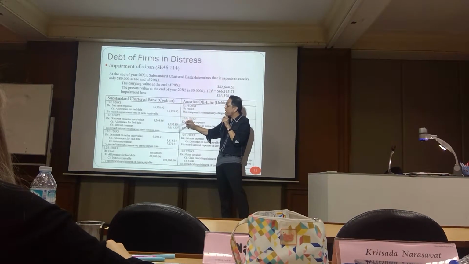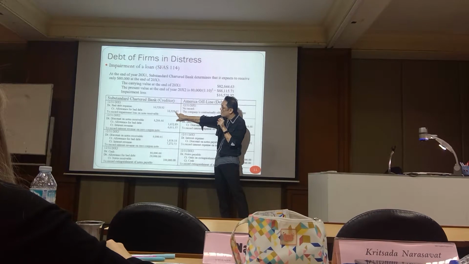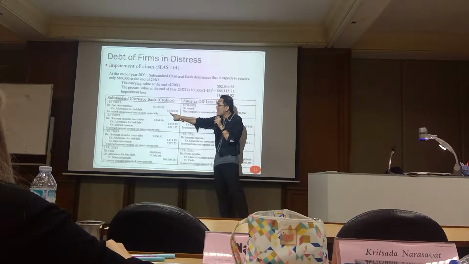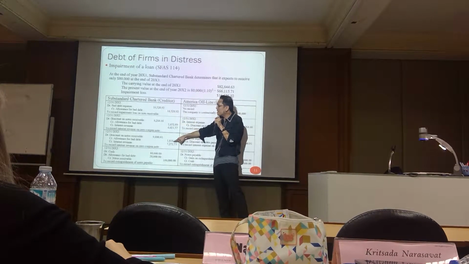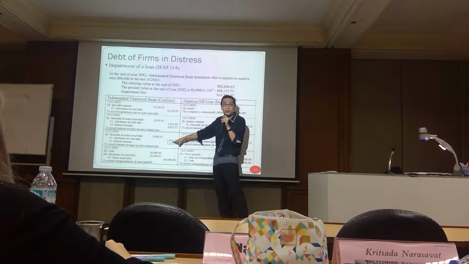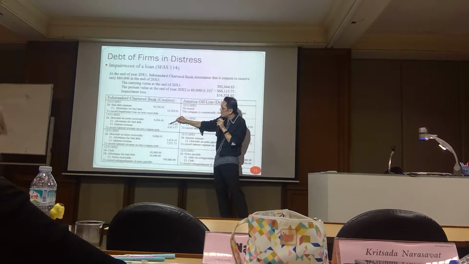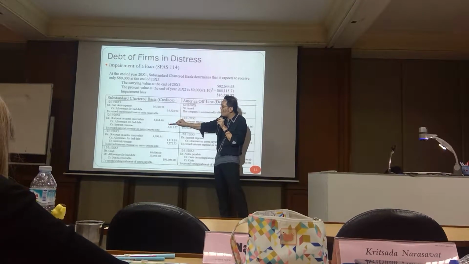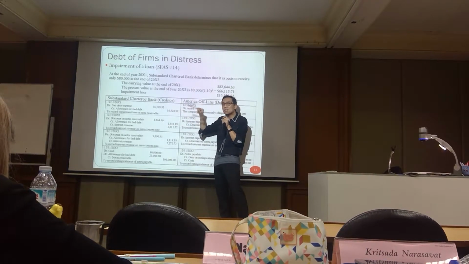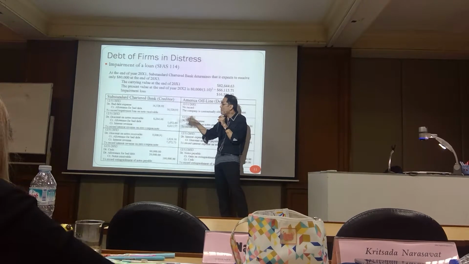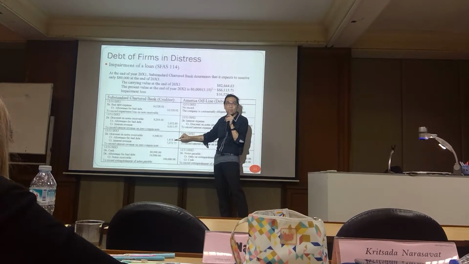If you add this number together, you're going to get about 18 something. 10% of 18 is going to be this. Clear? 16.5 plus 1.6, you got 18.1. Multiply by 10%, this is what you get.